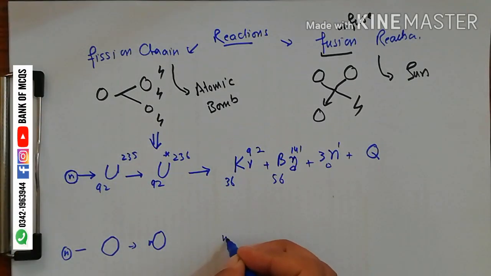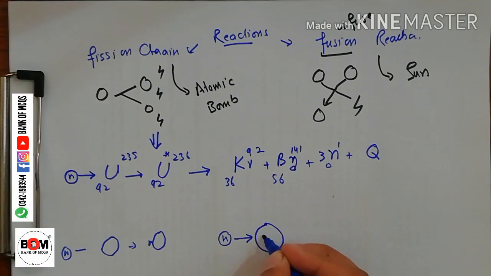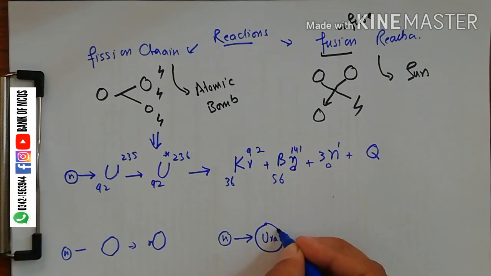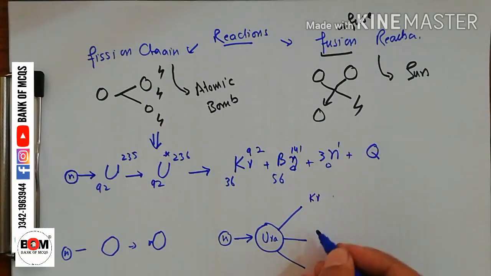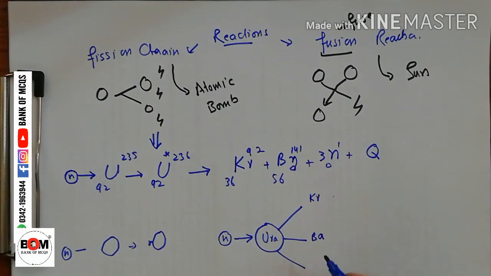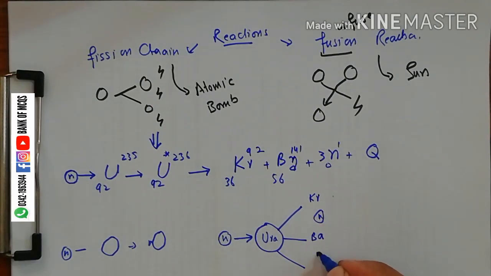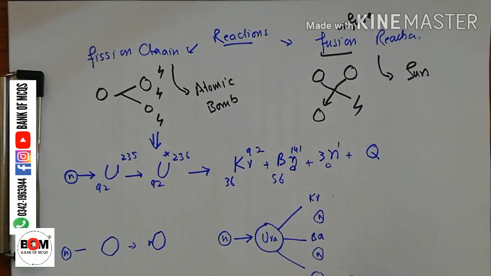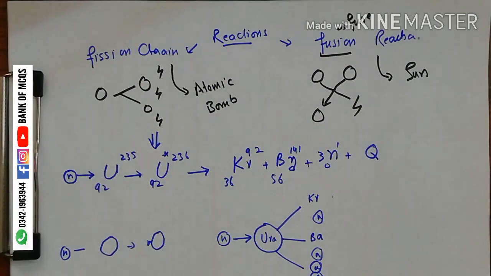So in this case, the neutron comes, hits the uranium atom, and the uranium divides into krypton, barium, and 3 neutrons: neutron number 1, neutron number 2, and neutron number 3.